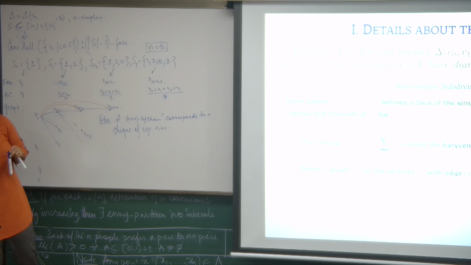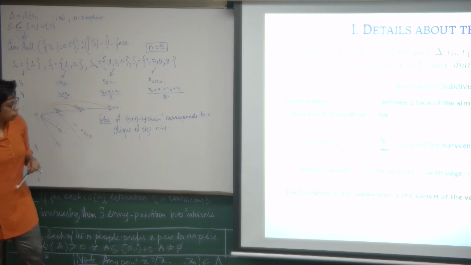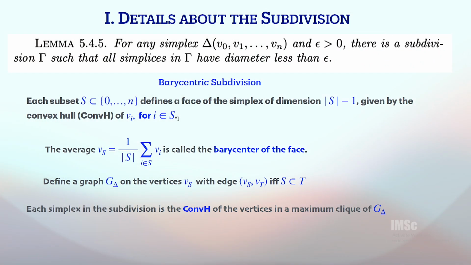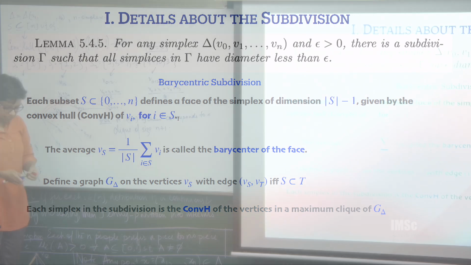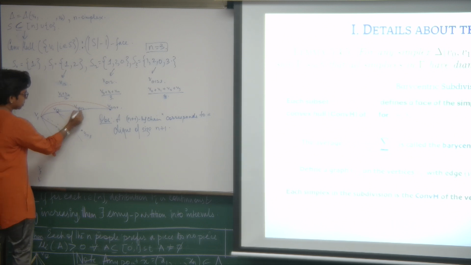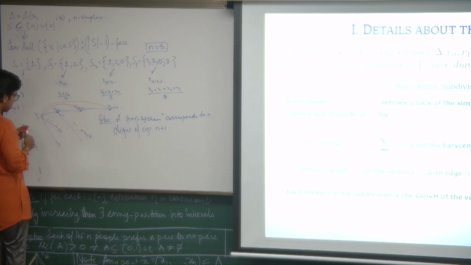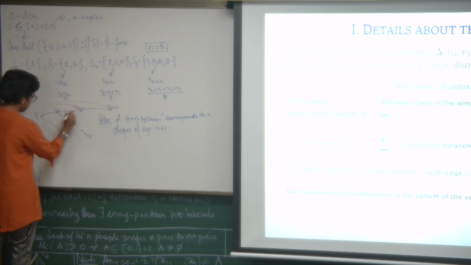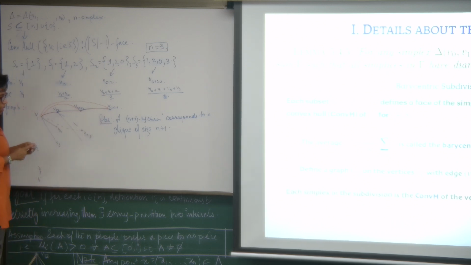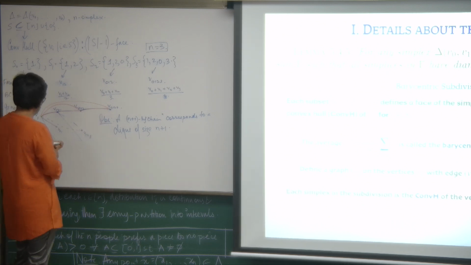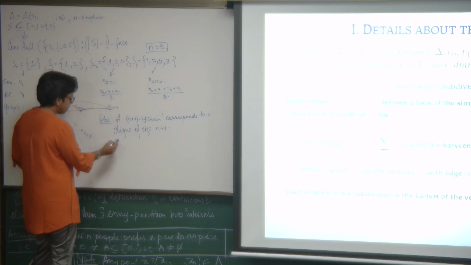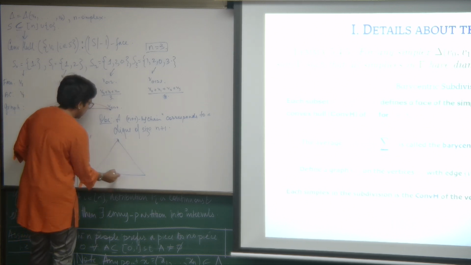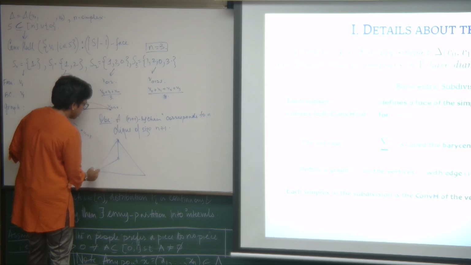Now, what is the barycentric subdivision? These are the vertices of my clique. When I am going to subdivide a simplex, you will see a nicer picture of this.